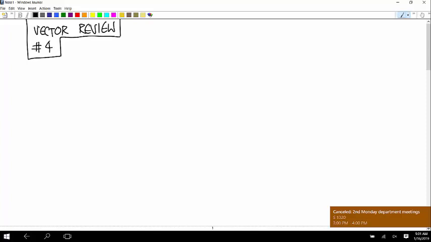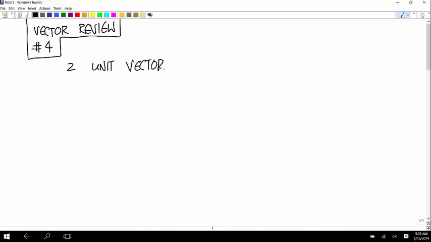It says, what are the two unit vectors perpendicular to the vectors 1, 2, 3, and 5, 2, 1.